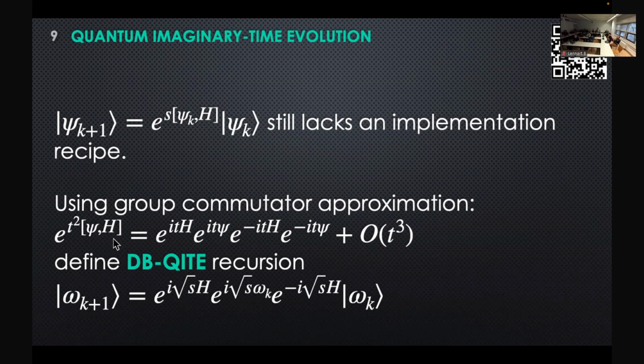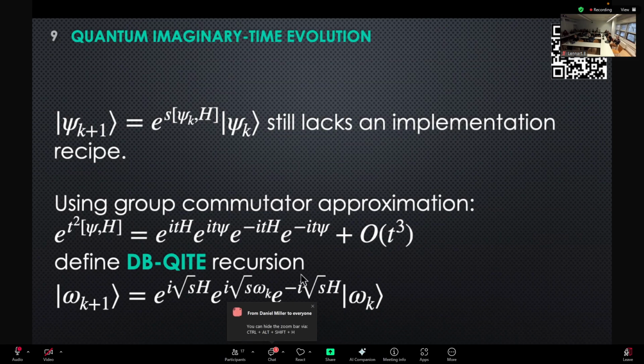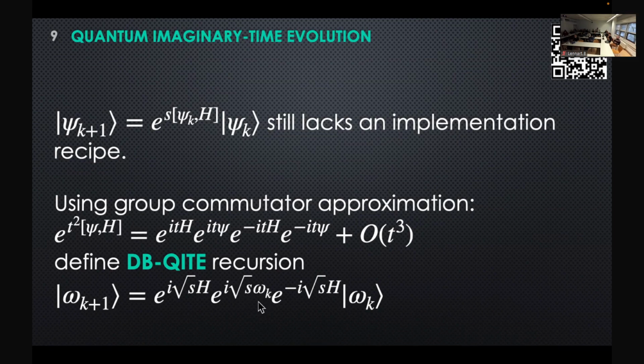And if you are applying this to the state psi, this last term can just be a global phase. Finally, we can define this dB-kite recursion, where the state at each step is evolved by Hamiltonian evolution, the reflection around this state omega k, and another Hamiltonian evolution.